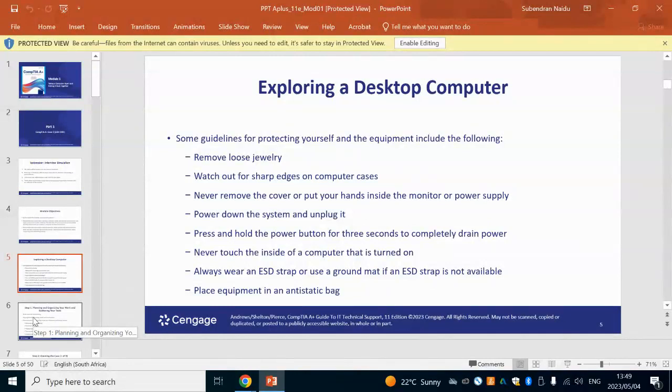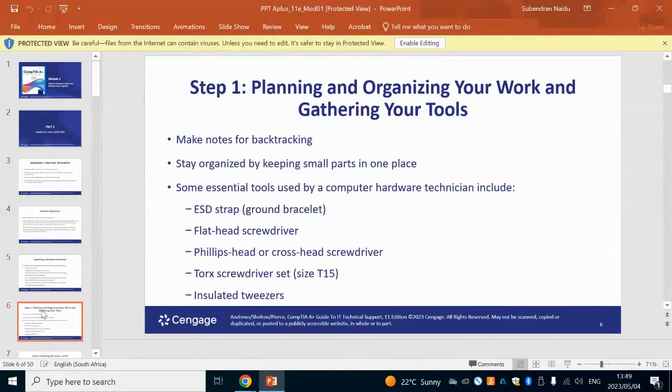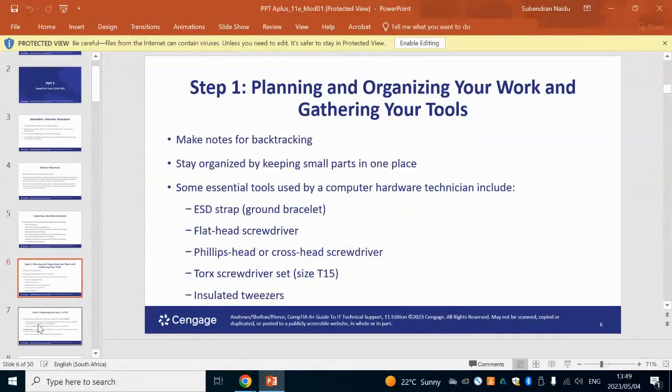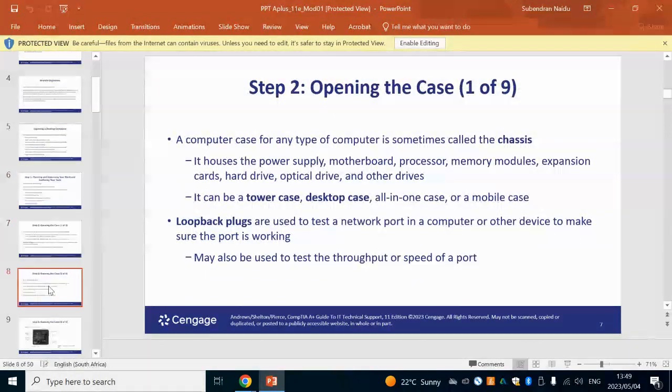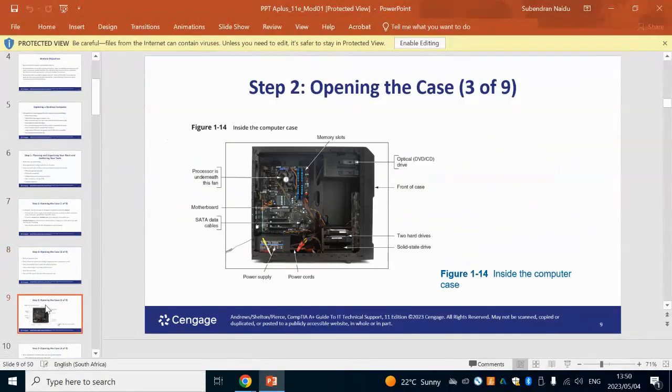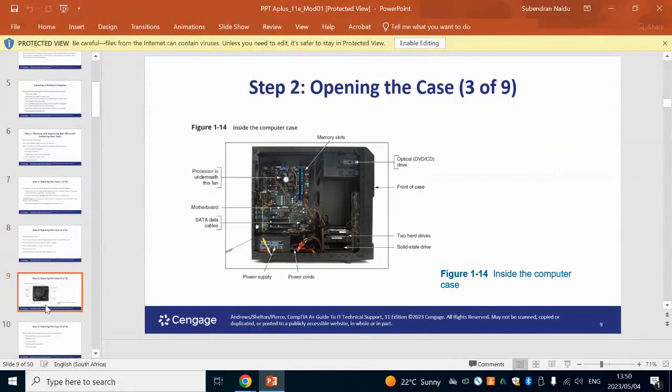What are the safety precautions you need to take? All the safety precautions are given to you here. This was covered in the assignment. Then step 1, plan and organize your work, gather your tools. What do you need to do? They take me through the process. So this is now giving me the details of how to actually assemble and disassemble that computer.